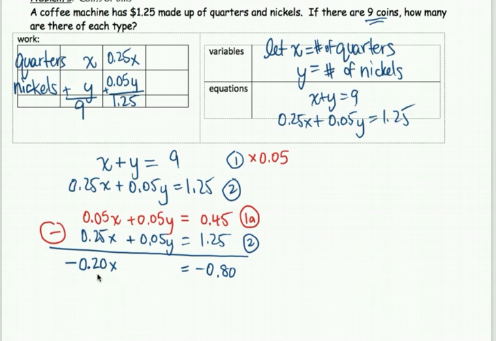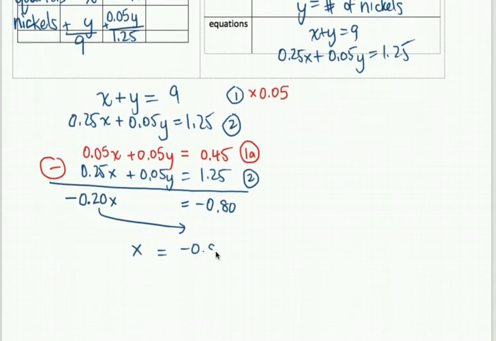You have a negative 0.2 here, you need to divide it away, so that leaves you x. Then you divide by 0.2 here, which moves the 0.2 off the x, and then you can solve for x. That comes out to 4, because negative, negative makes positive.